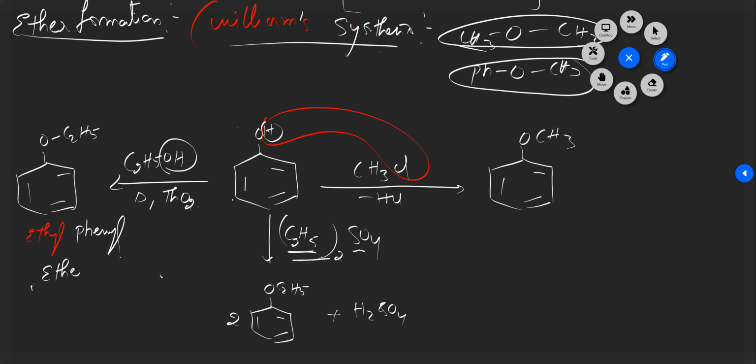We need to write the alkyl groups attached to the ether group, and after that we give the word ether. So this one is methyl phenyl ether, and this one is ethyl phenyl ether. Which one will come first? Methyl phenyl ether. This is called ether formation.